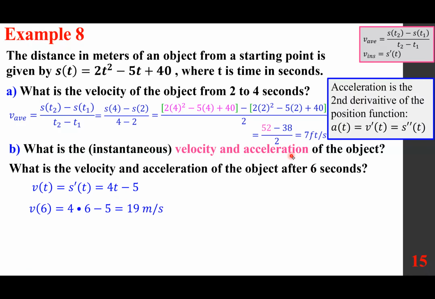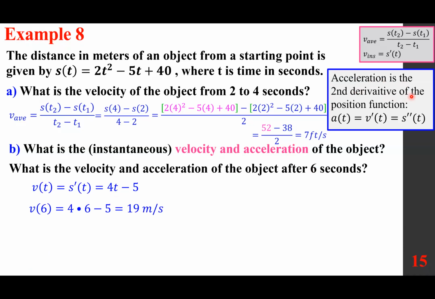Acceleration is the second derivative of the position function. Acceleration is v prime of t or s double prime of t. So just differentiate this again, which gives you simply 4. And because 4 is independent of t, at any time, whether it's 6 seconds or not, the acceleration is 4 meters per square second.